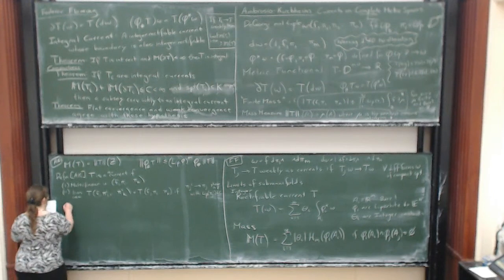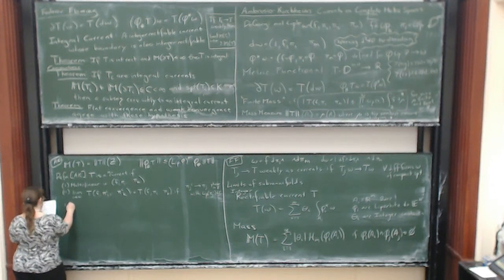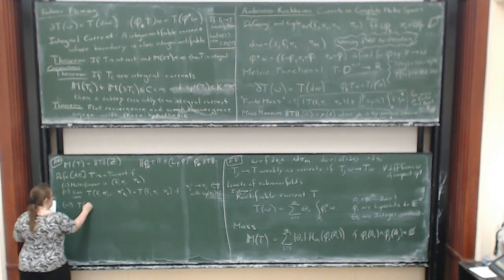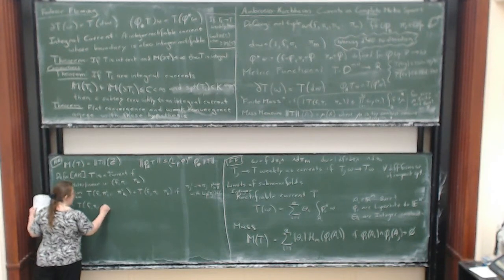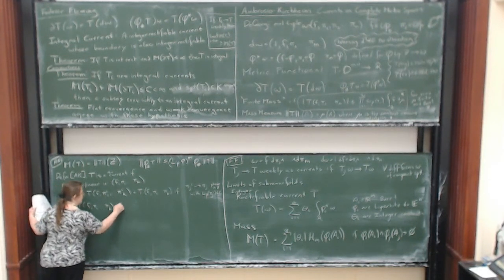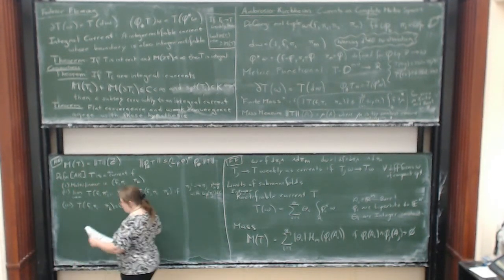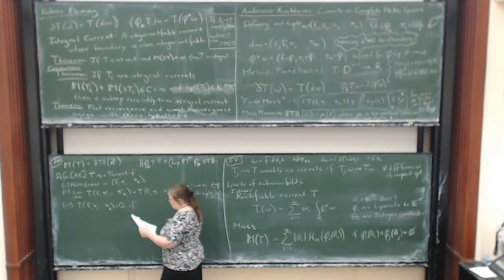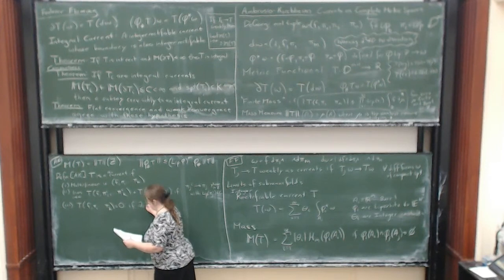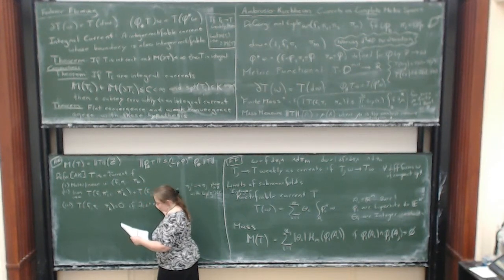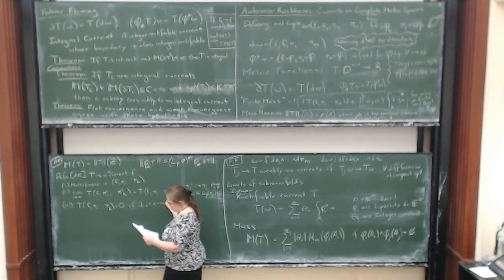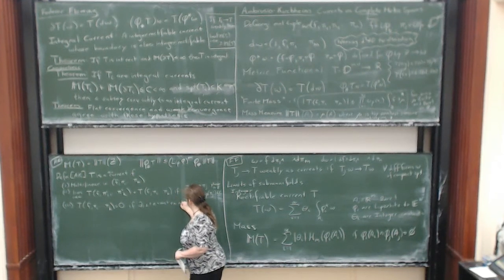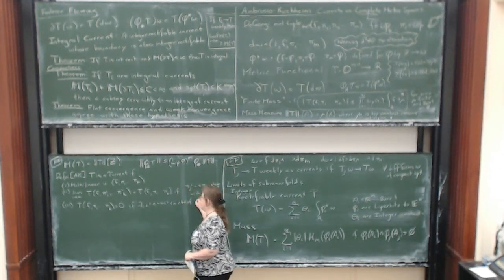And then we have a locality principle, which is that T(f, pi 1 through pi k) equals 0 if, I just want to make sure I say it exactly this way, there exists i such that pi i equals constant on a neighborhood of f not equal to 0.